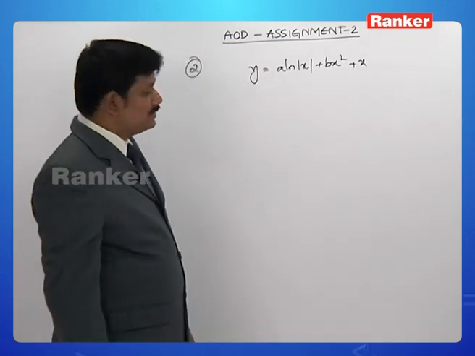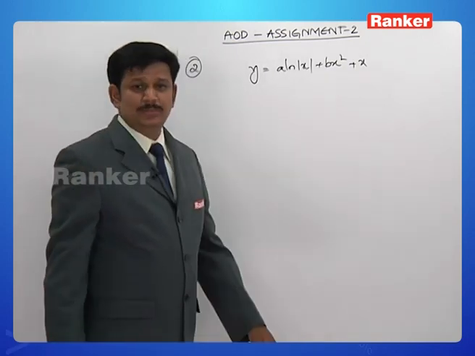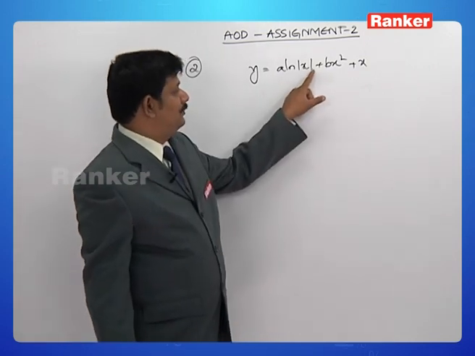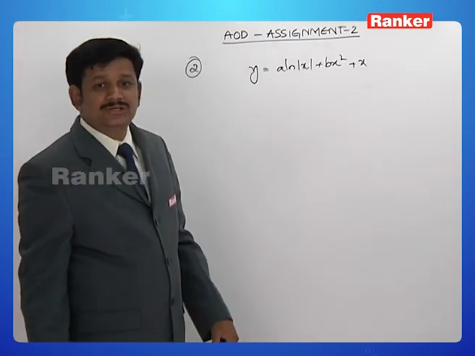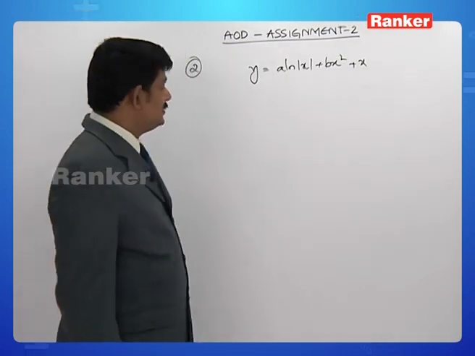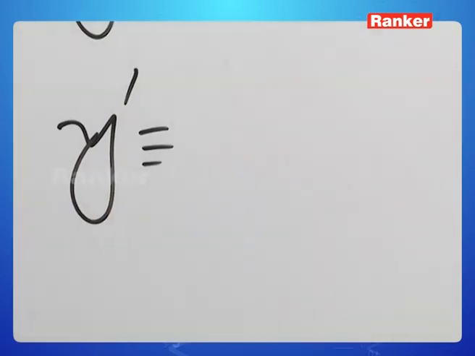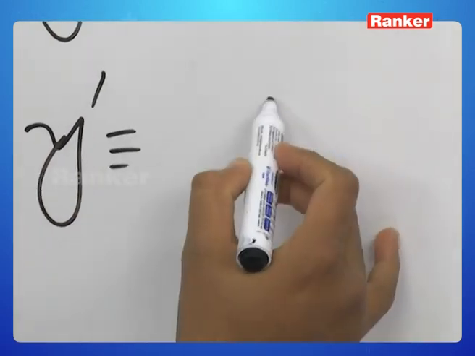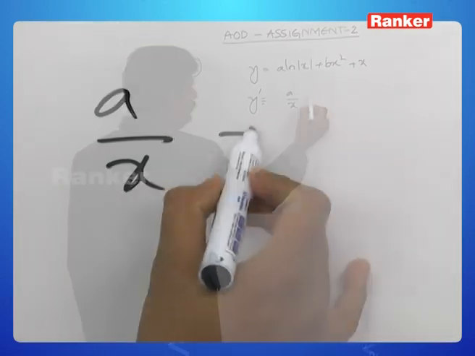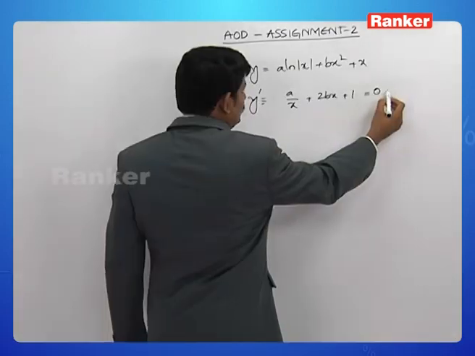We know that this is a continuous function and it is also differentiable in its domain. So, for a continuous and differentiable function to have extreme values, it is necessary that f dash x be 0. So, y dash we have to make it 0: a by x, since the derivative of log mod x is 1 by x, plus 2bx plus 1 is equal to 0.